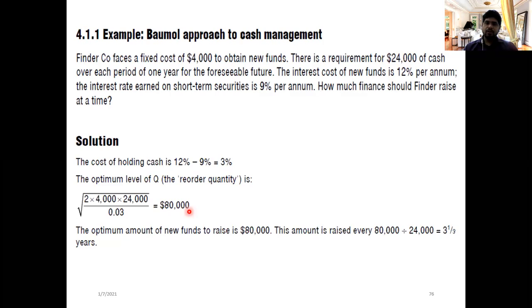The optimum amount of new funds to raise is 80,000, and how many times in a year is this amount raised? How many orders here?